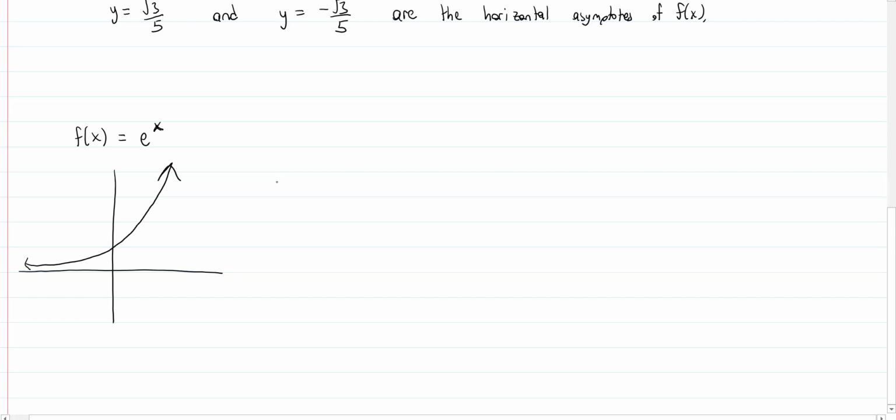And from the graph, we can see that the limit as x approaches negative infinity of e to the x, as x is moving further and further to the left, e to the x gets closer and closer to 0. And the limit as x approaches infinity of e to the x, you can see as x moves further and further to the right, e to the x will just shoot upwards towards infinity.